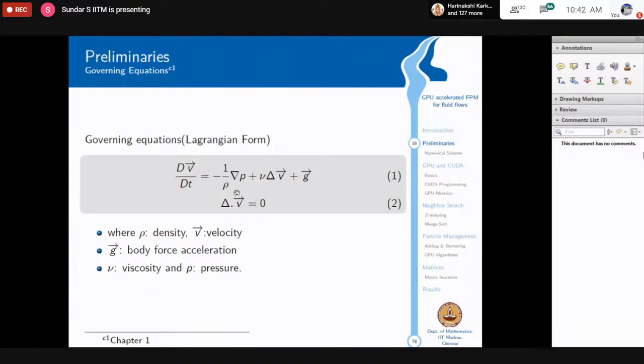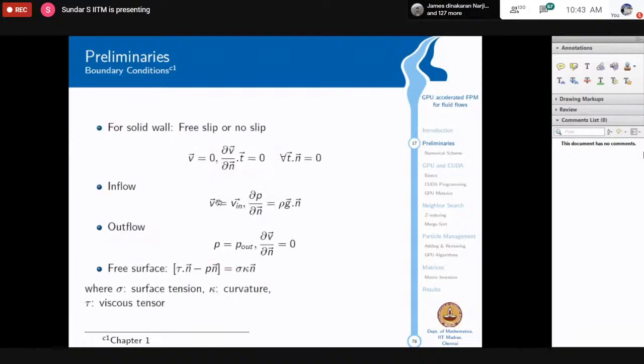In order to take care of the gradient of P part, I go from V at the nth time to V star at an intermediate time, then from V star to V at n plus 1. V star is my numerically or artificially introduced velocity, which will not satisfy the divergence of V equal to 0. V at time n will satisfy it.